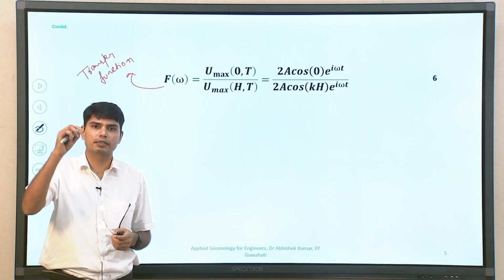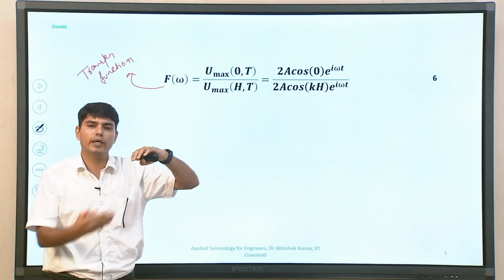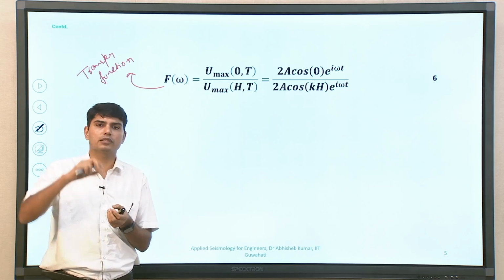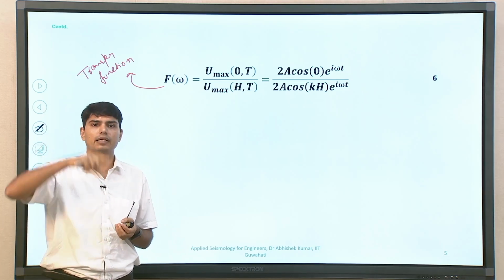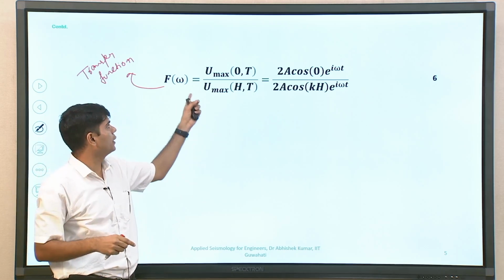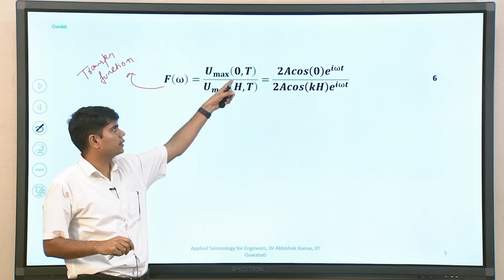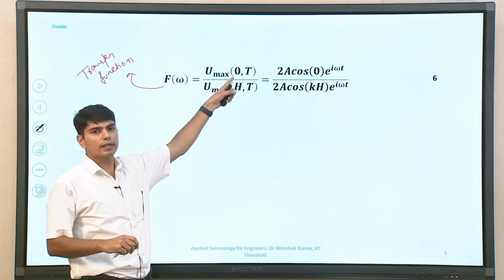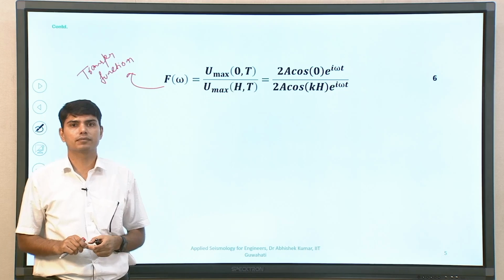That means, at the same moment of time when a particular soil layer is subjected to loading condition, how much is the displacement at the surface, how much is the displacement at the bottom, that is basically going to define my transfer function. How are you going to get the values of u at 0 and u at H, that is z equals to H?